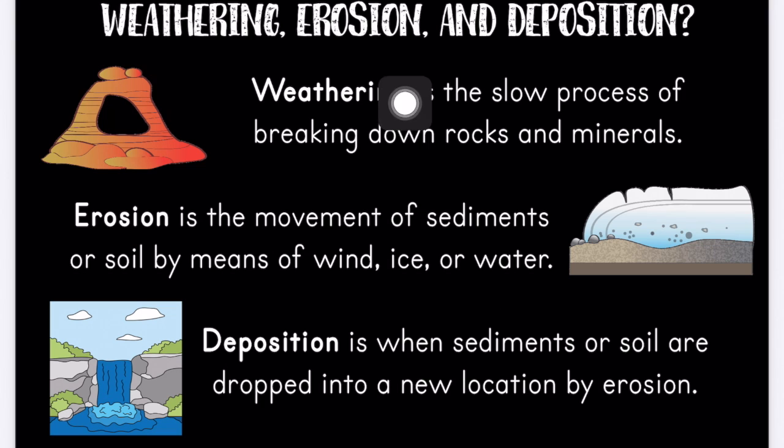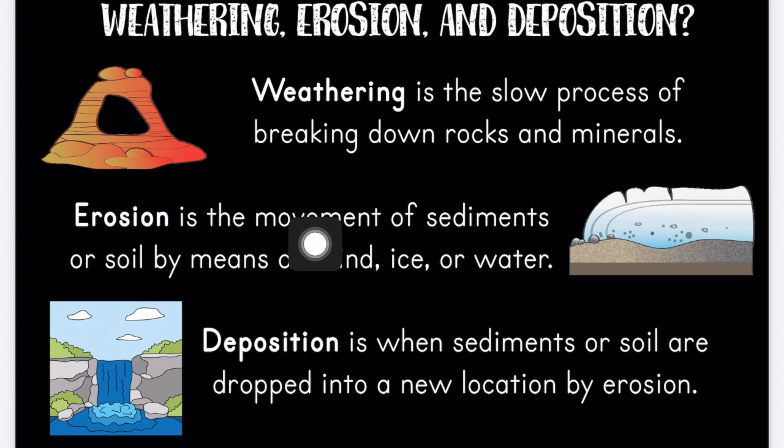There are keywords for each of these things. Weathering is the breaking down. If you're breaking something, it gets smaller, right? If you build a big, beautiful Lego creation that takes up half of your bedroom, but then you decide to break it, it gets smaller the more pieces you break off, right? So weathering, think of breaking down.